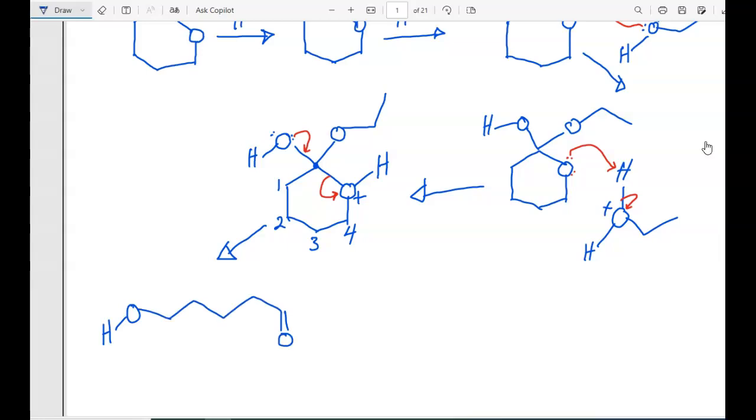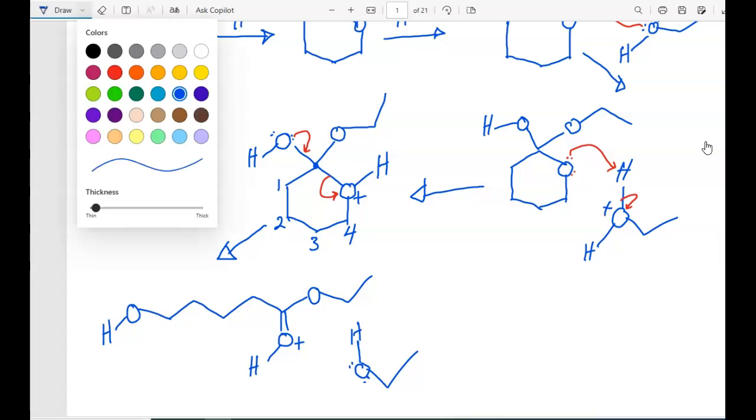That carbonyl carbon is regenerated. The hydrogen is still intact, so we now have a positive charge here. And then on this other end we have our ethanol molecule. The ethanol molecule in solution is now able to pick up the proton and regenerate the acid, since this reaction is acid catalyzed.